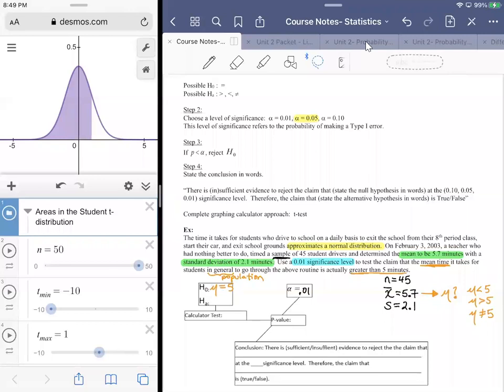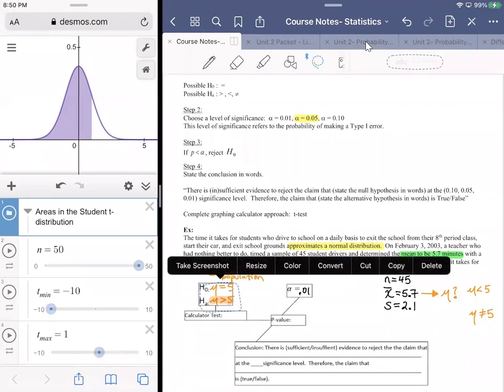But since the question is saying that they want it to be greater than 5 minutes, I would select the one that has a greater than symbol. Right? It just seems to make sense. Why would I choose a different inequality than the one that's being asked in the problem? All right, so out of all those possibilities, I selected the ones that are relevant to the hypothesis test.